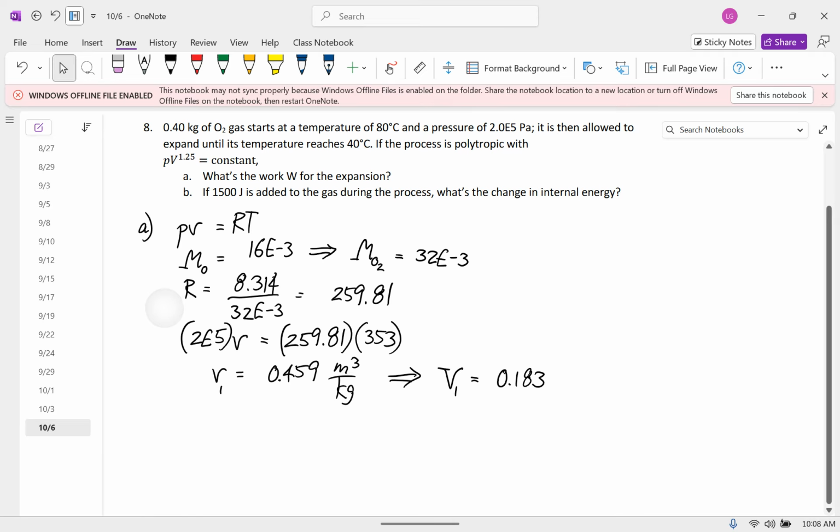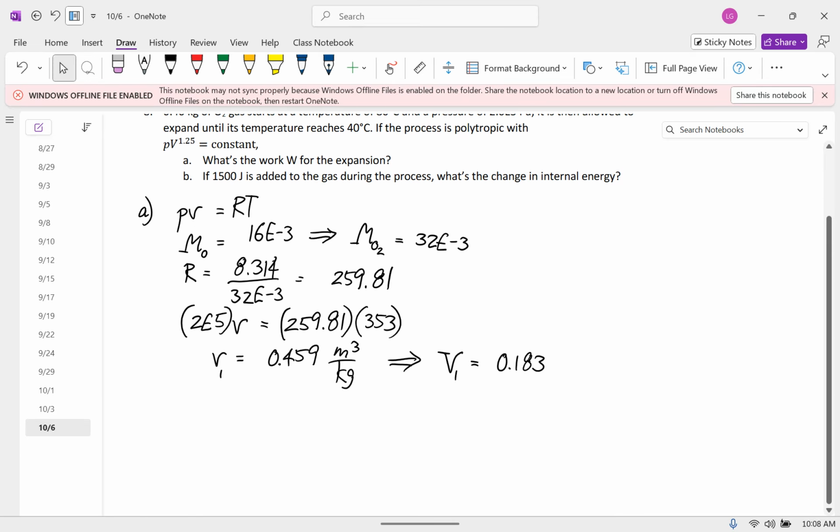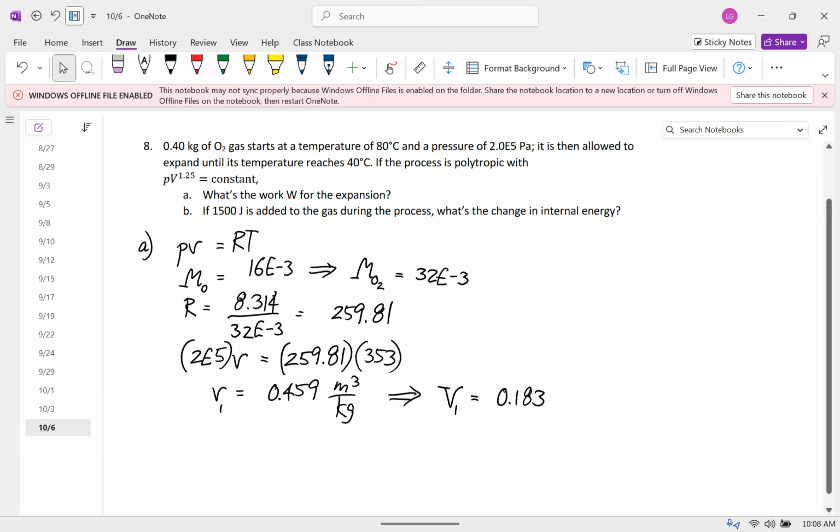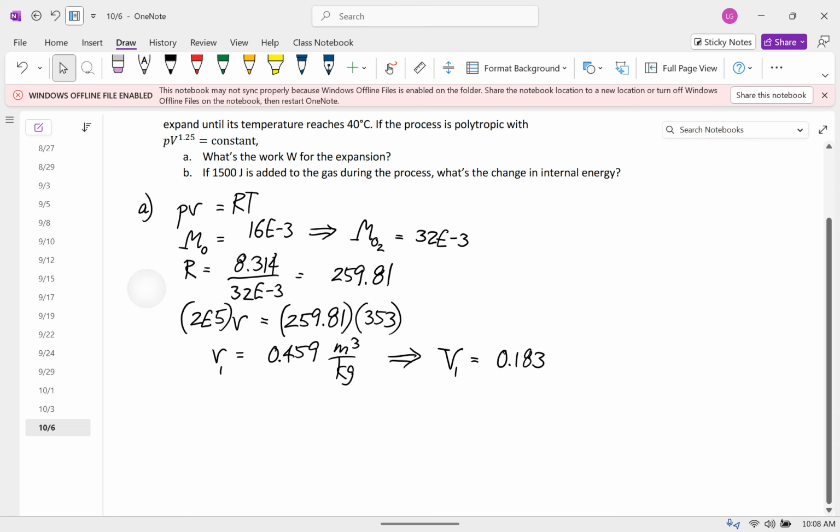So we don't know what the final volume is, but we do know now that we have the pressure and the volume, we can use the polytropic process thing.